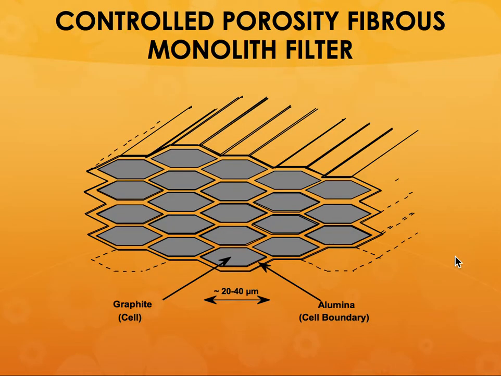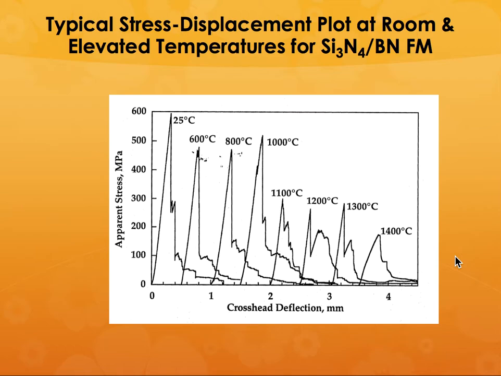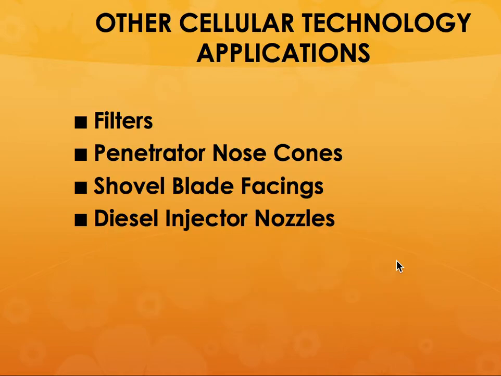So this is again another schematic of that. So this one shows a composite behavior. So you can see that the crack keeps on getting deflected. And even though the overall strength goes down, it still maintains its composite behavior.